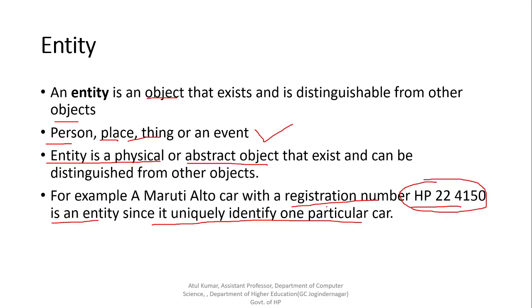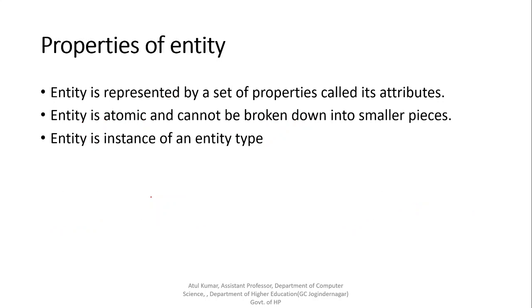We can easily identify this Maruti Alto car, and it is also different from other Maruti Alto cars. So this is a unique object, and it is called an entity.